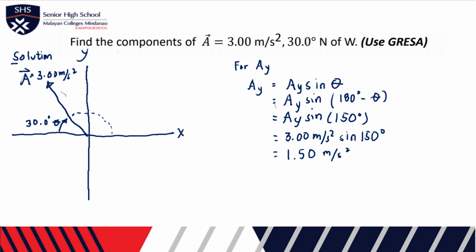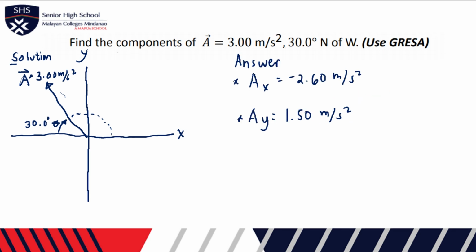So it will give you 150 degrees. If you substitute the value of A, you will have 3.00 meters per second squared times sine 150 degrees. It will give you 1.50 meters per second squared. So that is the y component of this vector.